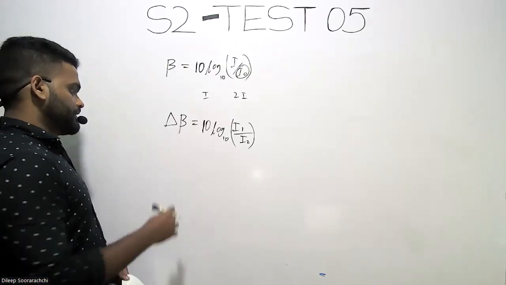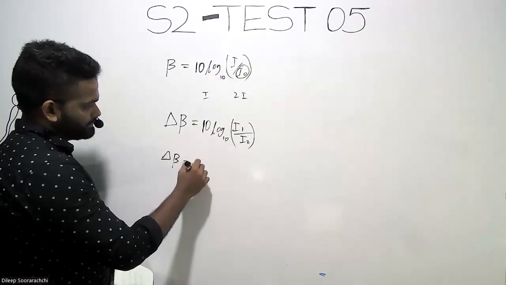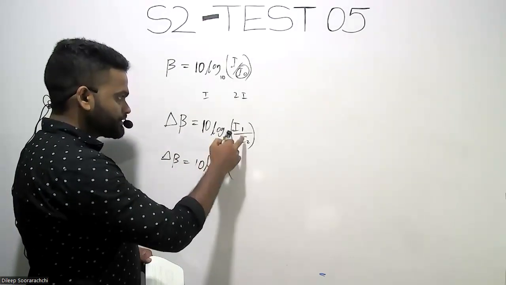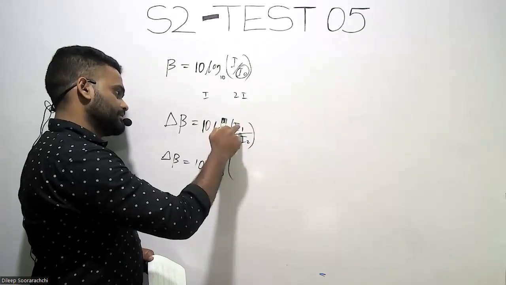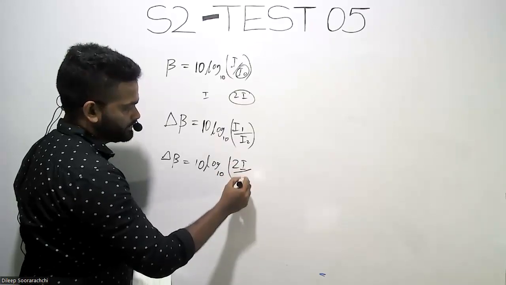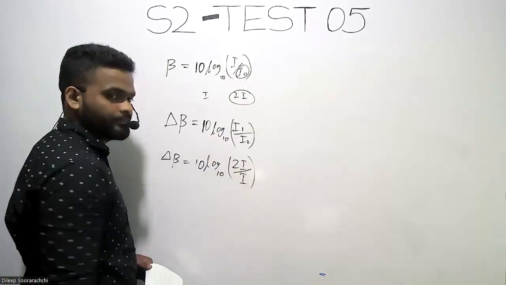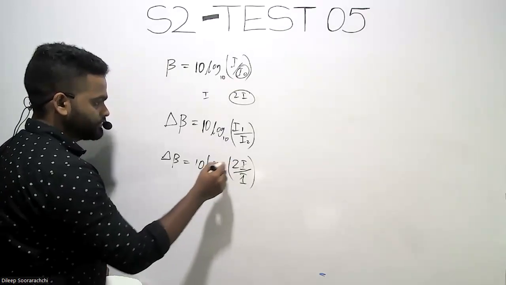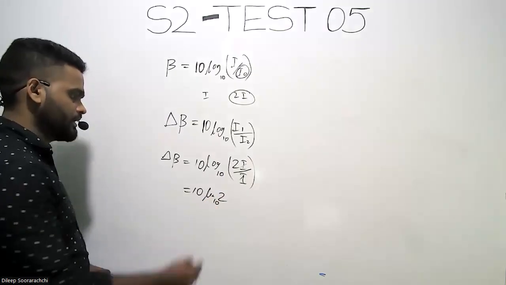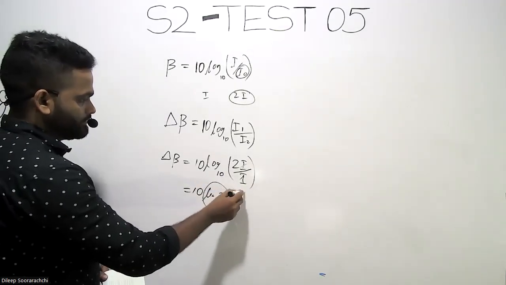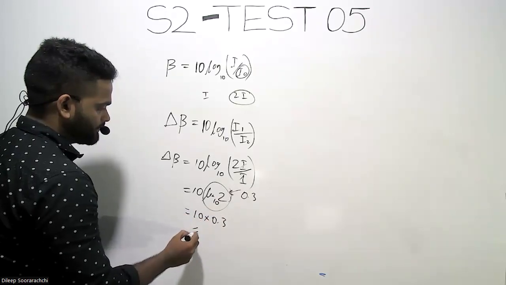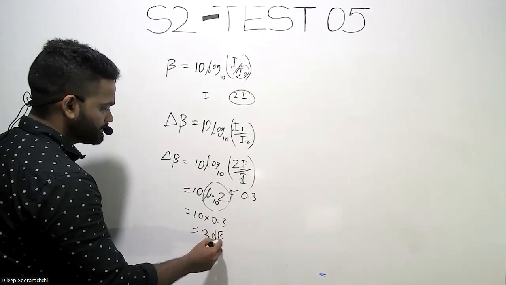Right. So delta B, they are asking for the increase: 10 log 10. In the second case, intensity is doubled, so this should be 2I. The previous case should be I. So I cancels off, then what happens? 10 log 10, 2. For this one, a value is given as 0.3. 10 times 0.3, so this is going to be 3 decibels.